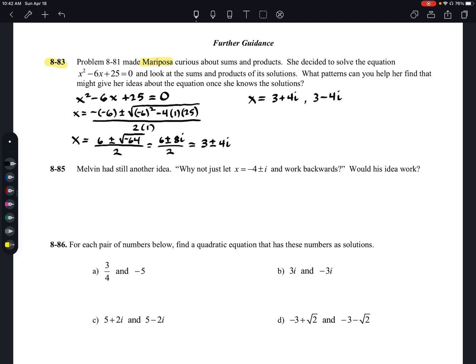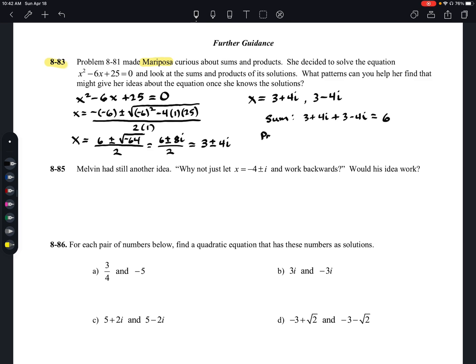Okay, so here's where we put everything together. All the work you just did on 8-82 and 8-81 should hopefully come together, and some of you might already see the patterns that are happening. Here's what we're looking at. If I take my two roots and find the sum, you already did this with several problems: 3 plus 4i plus 3 minus 4i, I get 6.